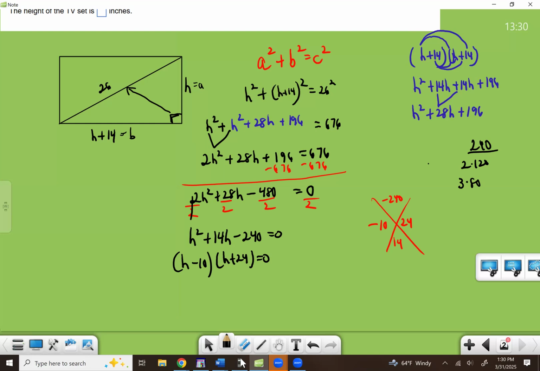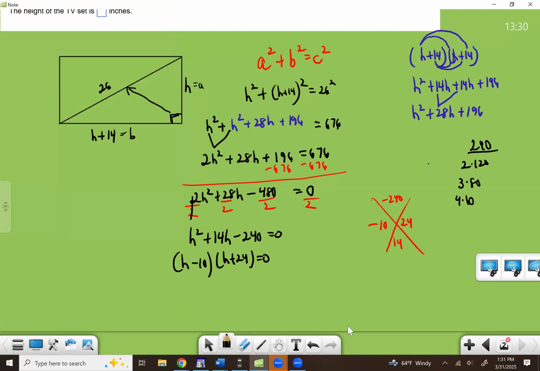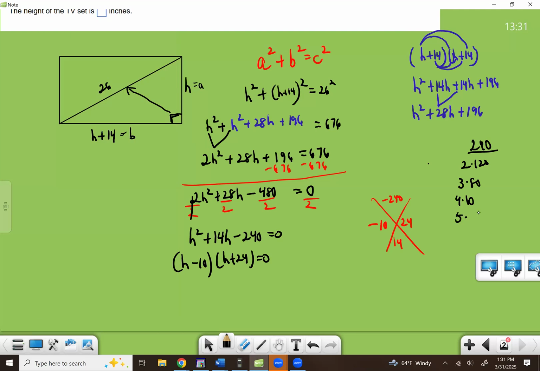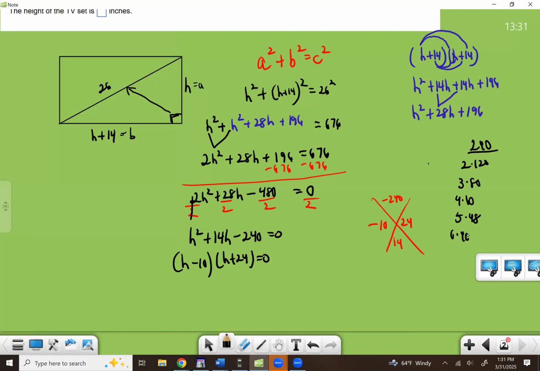And just keep doing that until you get, right, 240 divided by 4. Okay, 4 times 60 is still too far away. And you're going to run into it eventually. 240 divided by 5. 5 and 48 aren't going to add up to 14, no way. How about 240 divided by 6? Of course, this has to be divided by like everything, huh? 6 times 40 is still too far away.